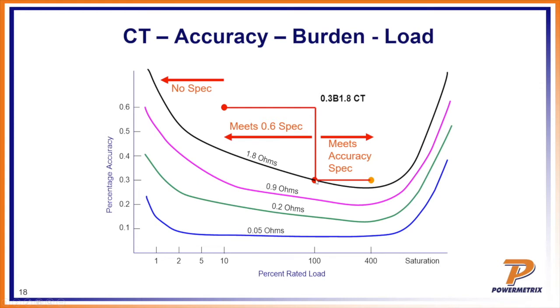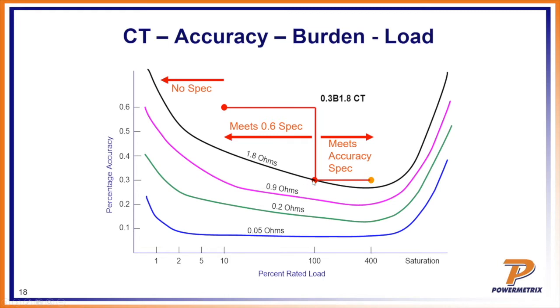You can notice that it's within its 0.3% accuracy right there at 100% rated load. And this has a rating factor of 4, so it can go all the way out to 4 times its rating. So it's still holding its 0.3%, right? But as soon as it exceeds that, it goes into saturation mode and the accuracy goes way out of tolerance. So you've got to keep it within 4 times its rating.